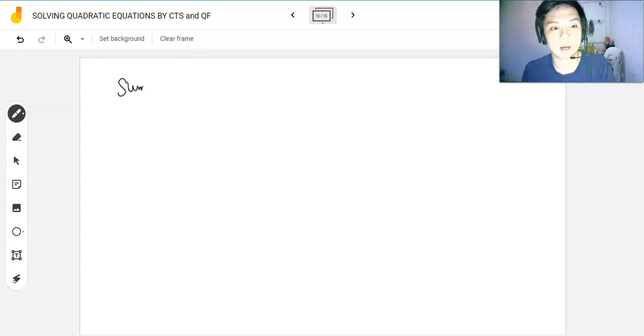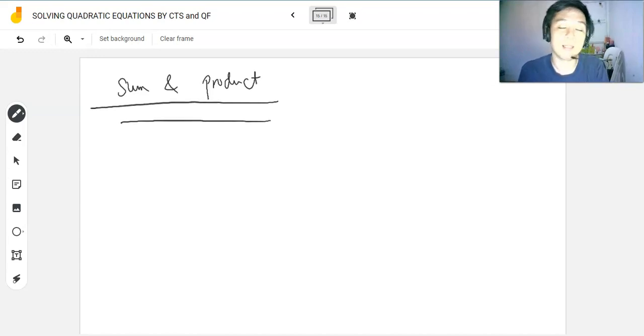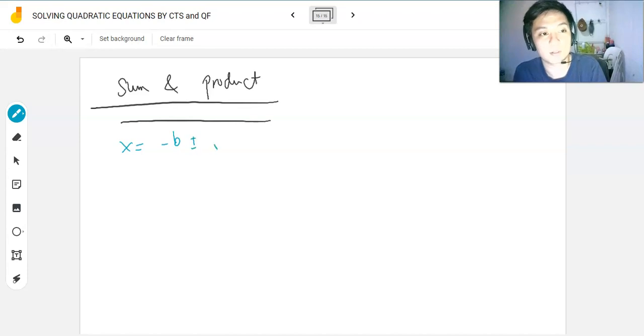Okay. And maisingit natin ngayon ang shortcut. How to get the sum and product of roots of any given quadratic equation. And we can make use of the formula to discuss this. So, x equals negative of b plus or minus square root of the discriminant b squared minus 4ac all over 2a. So, pwede yung mahiwalay, di ba?